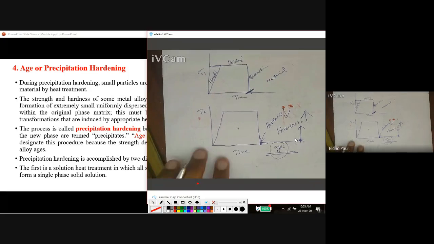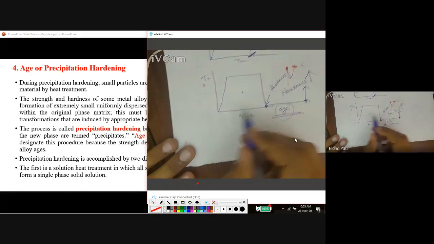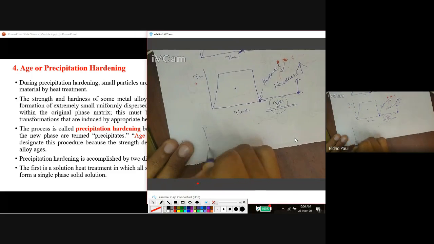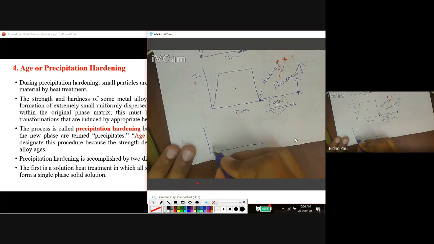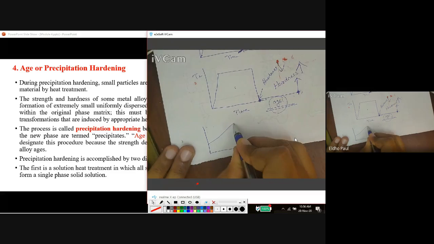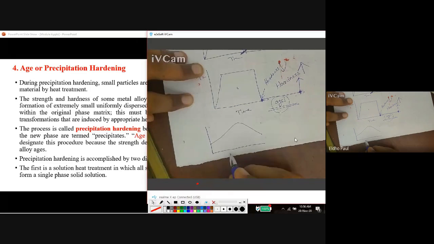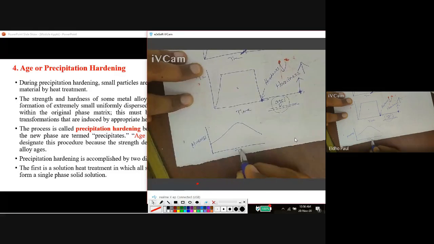Then he conducted several experiments based on this, and he concluded that for aluminum, this is the variation in hardness with respect to time. This is the hardness, and this is time.